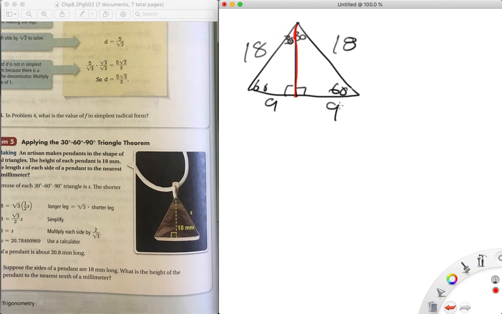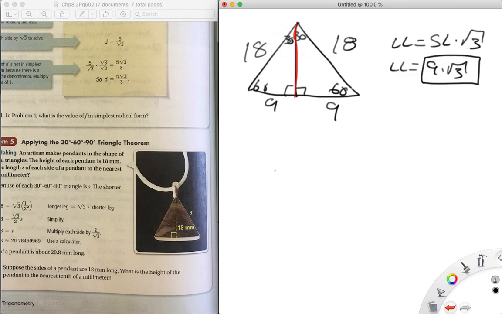This is my short leg, this is my hypotenuse, this is my long leg. So I'm going to use the second equation. Long leg is equal to the short leg times the square root of 3. I already have the short leg. So long leg equals 9 times the square root of 3. There it is.